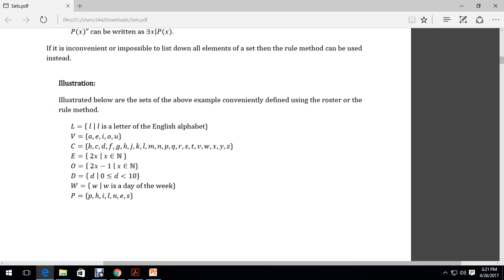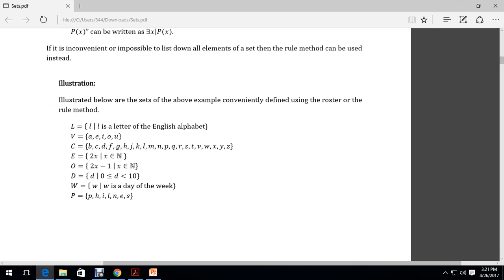Now, set E is defined as the set of even integers. We can make use of a combination of symbols to represent the members or the elements of E, such as the one that appears here. We have here the set E equal to 2x, such that x is an element of the natural counting numbers.